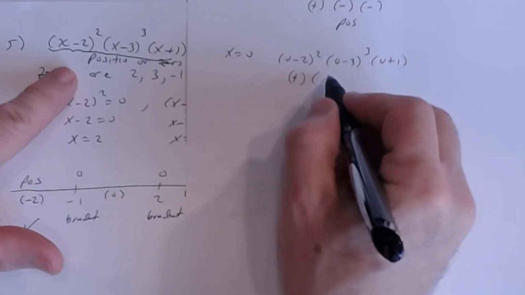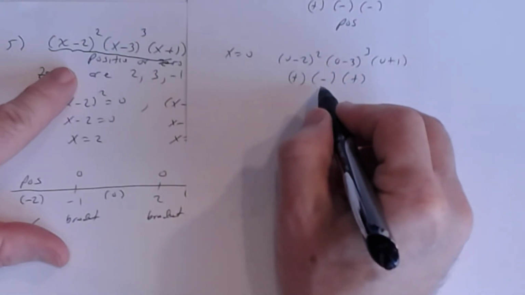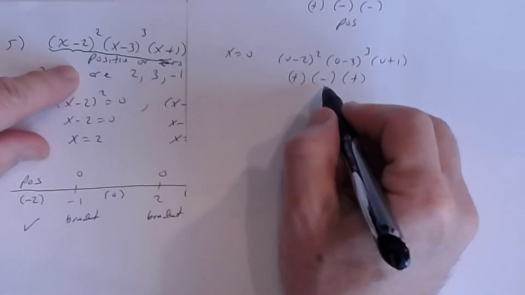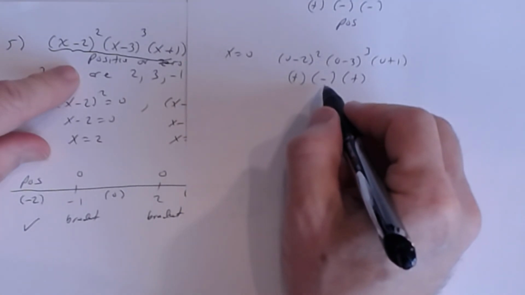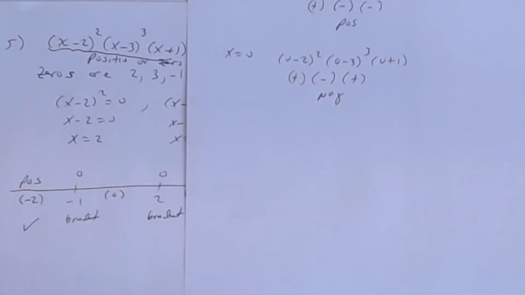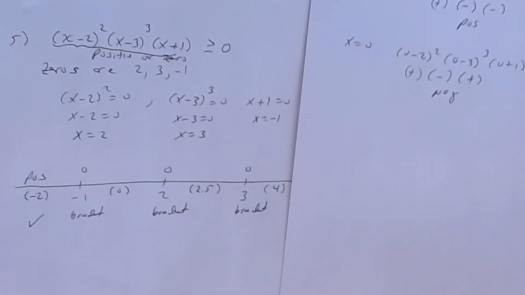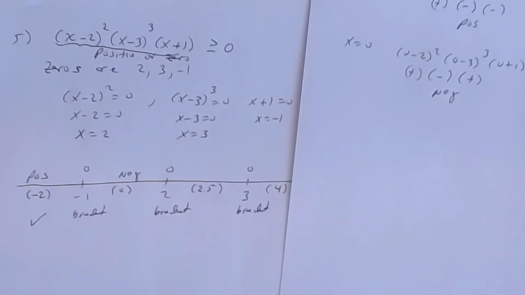A negative raised to an odd power is still negative. 0 plus 1 is positive. A positive times a negative is a negative. And then a negative times a positive is a negative. All right, so I have negative here, right? Okay, so I have negative.